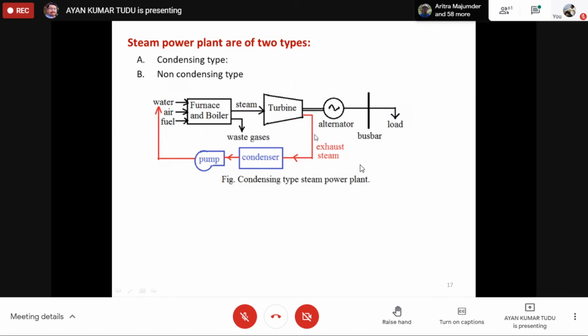For this non-condensing type, we'll require a continuous supply of fresh water, and process industries requiring steam for process purposes use this non-condensing type of steam power plant. They use the exhaust steam from the turbine for process purposes. So these are the two types, condensing type and non-condensing type steam power plants.